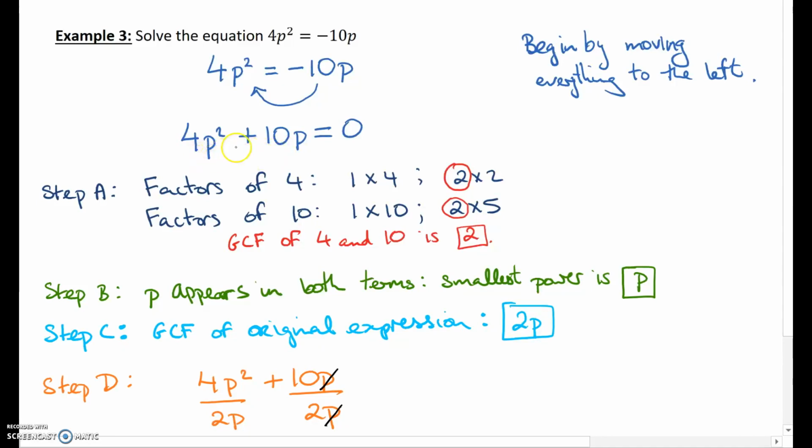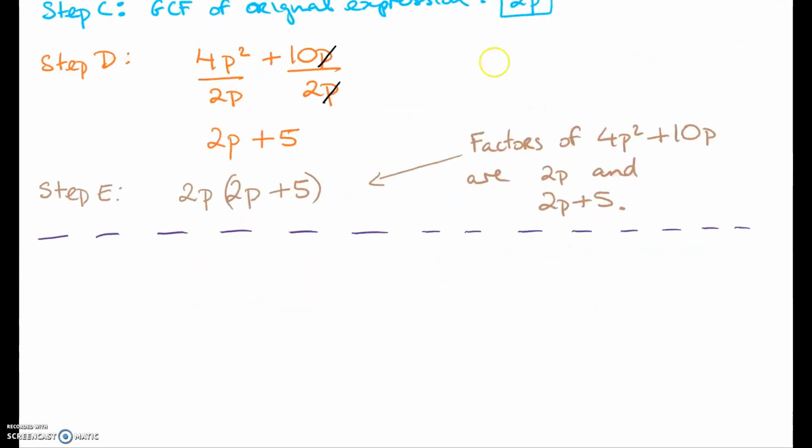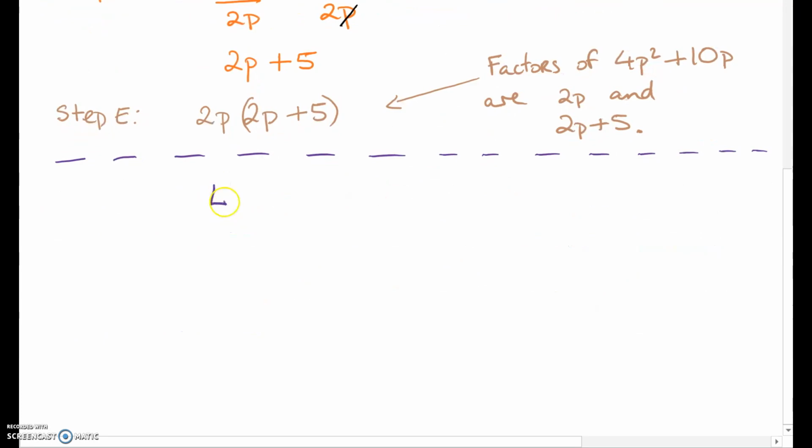So we're going to solve 4p squared plus 10p equals 0. And the solutions to this will be the same as the solutions to the original. So we know that the factors of that are 2p times 2p plus 5. So we can write 2p times 2p plus 5 equals 0.